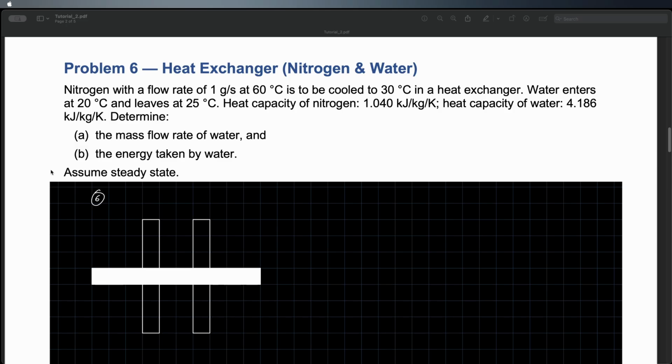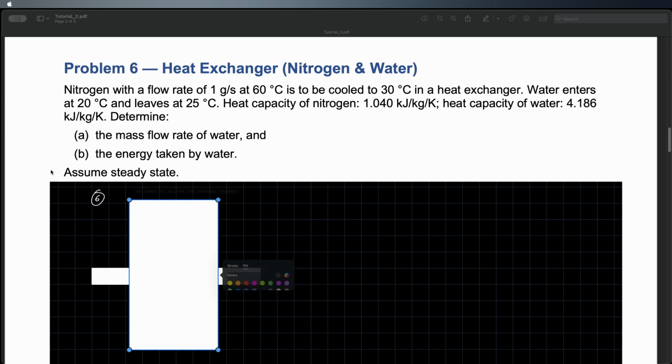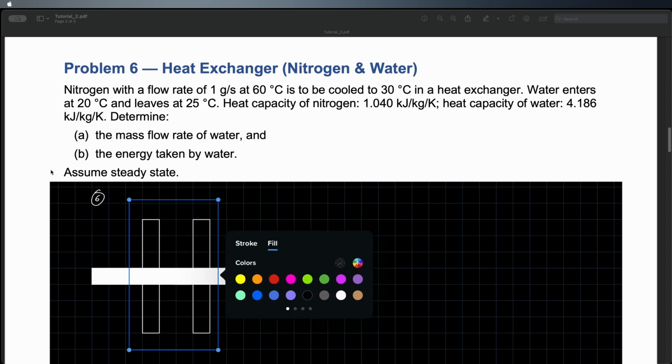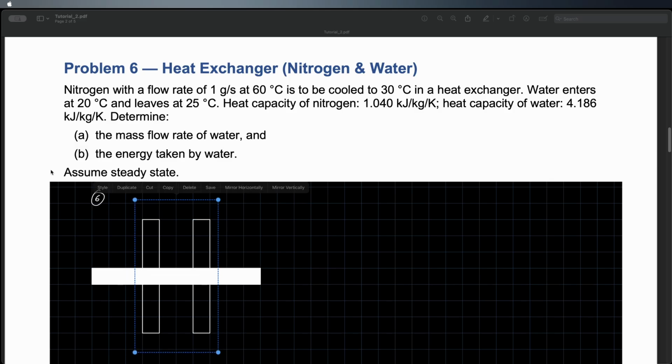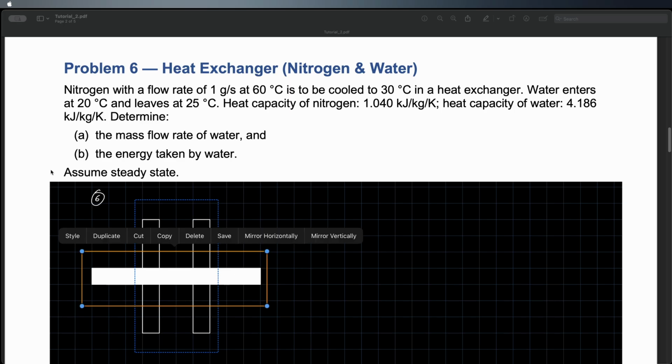This is important. They are not connected, which means there is no mass exchange between system 1, which, let's outline it in blue. So this is system 1, and we've got a second system over here.